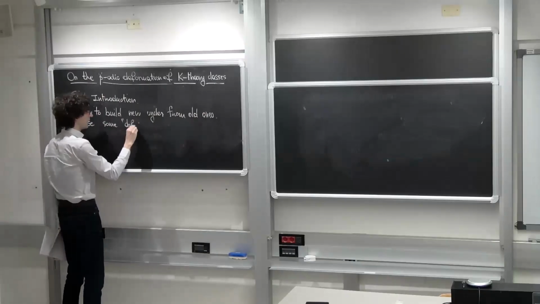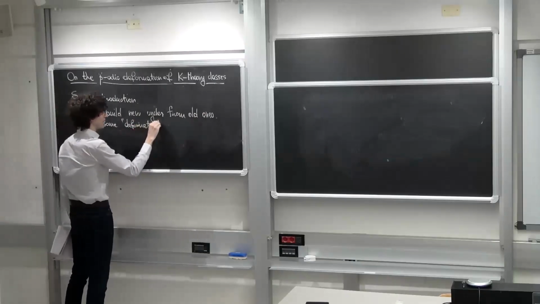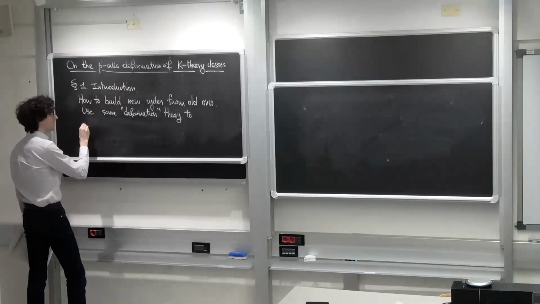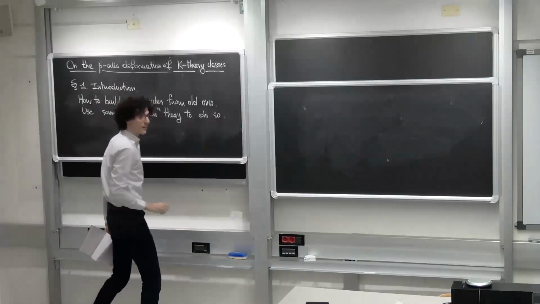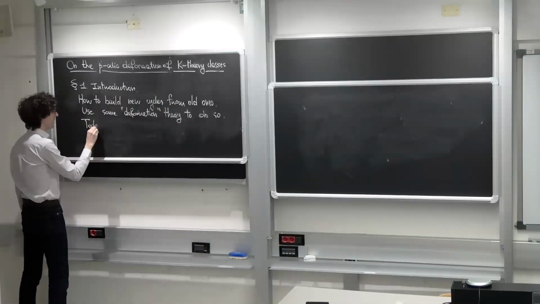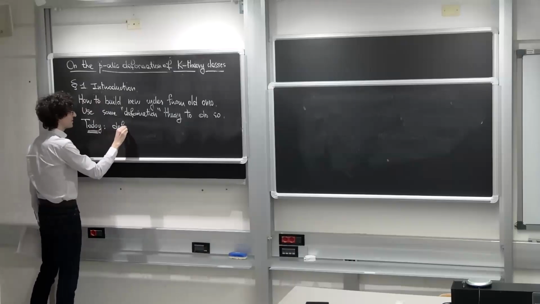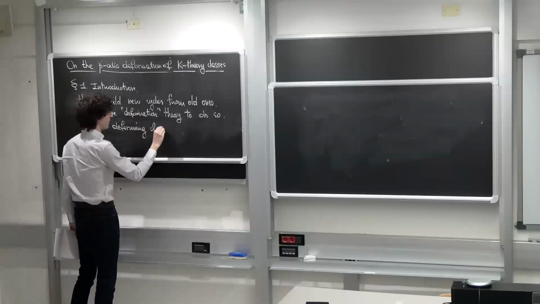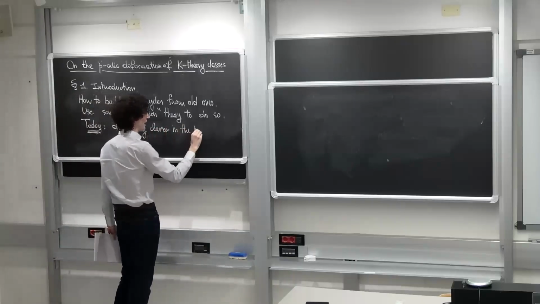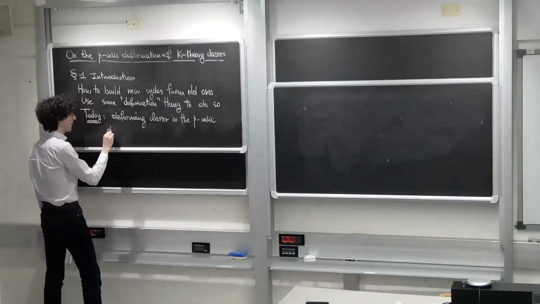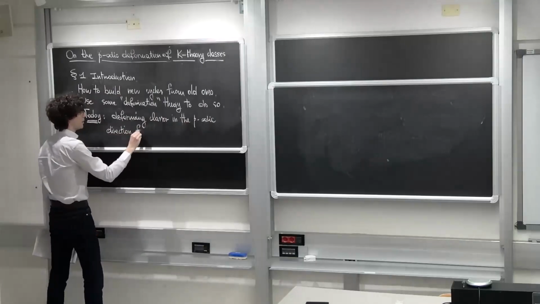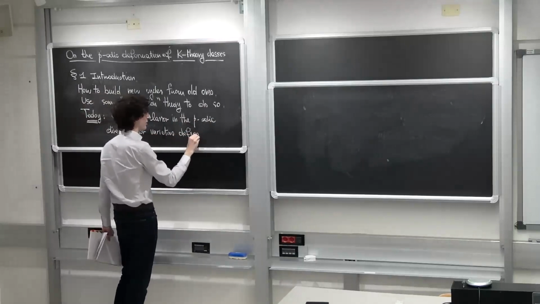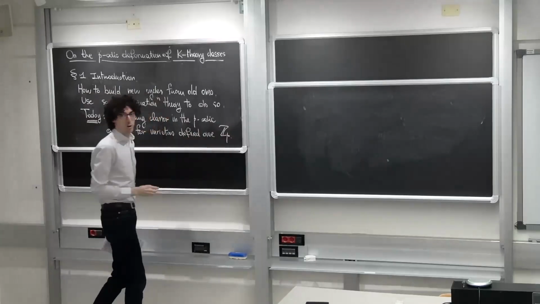Specifically, the idea is to use some deformation theory, and you will see that this will be interpreted in a very specific way. In particular, we will be interested today in the problem of deforming classes in the p-adic direction, for varieties defined over Z_p.